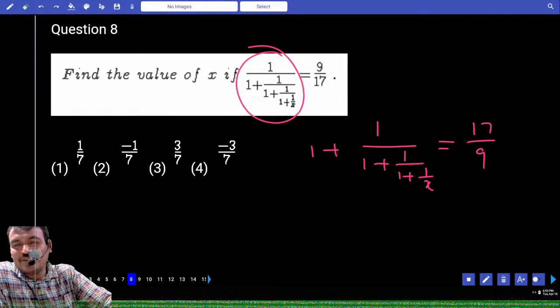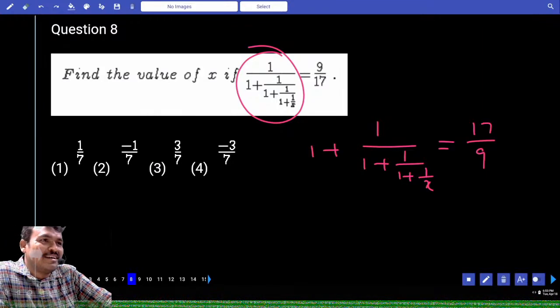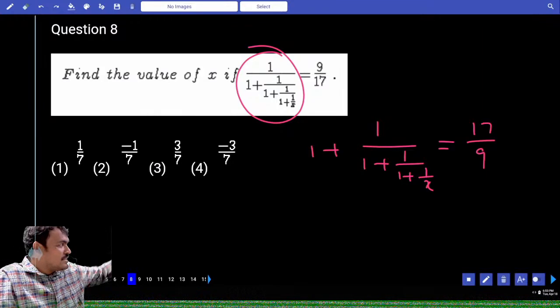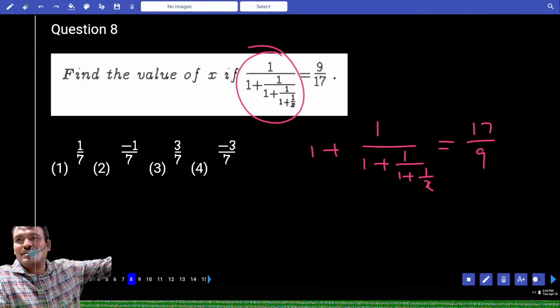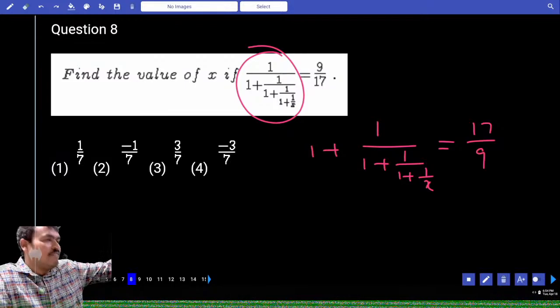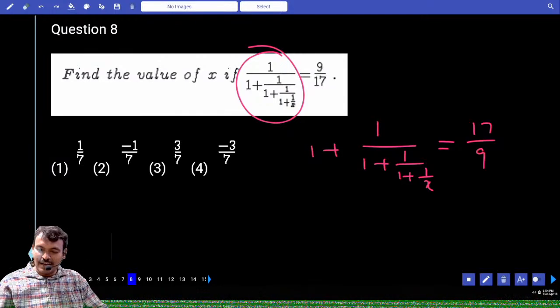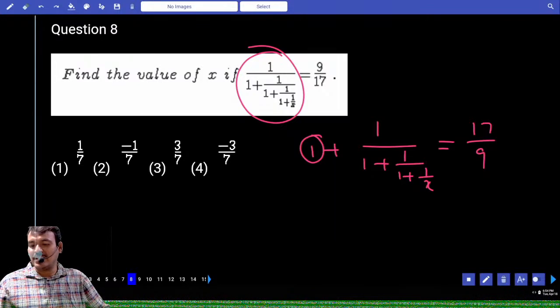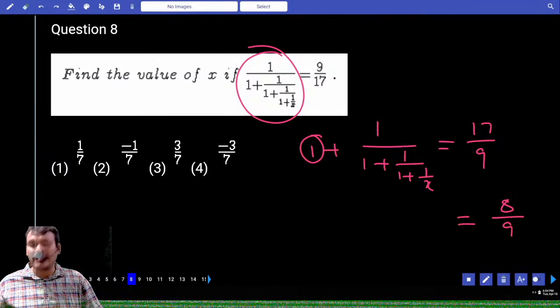Is it 9 by 17 or 17 by 9? 9 by 17. 1 by something means reverse, so it will become 17 by 9. Left hand side 1 becomes right hand side minus 1: 17 by 9 minus 1 is 8 by 9. That is equal to 8 by 9.